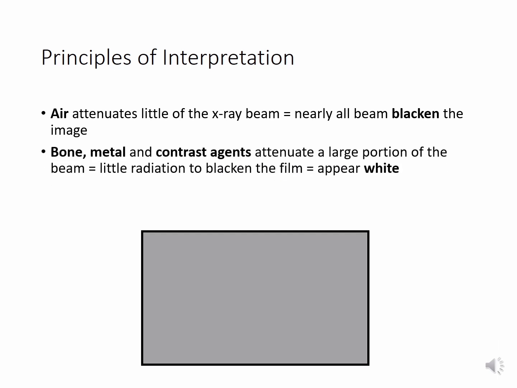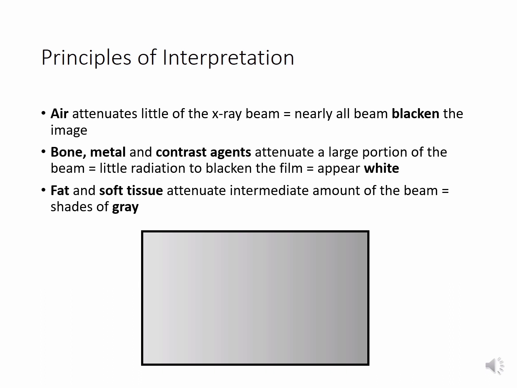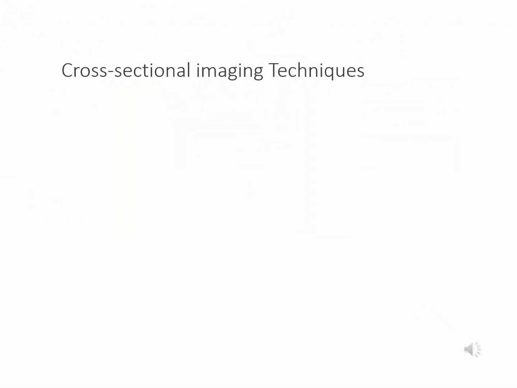Bone, metal, and radiographic contrast agents attenuate a large portion of the X-ray beam, allowing very little radiation to blacken the image. Thus, bone, metallic objects, and structures opacified by X-ray contrast agents appear white on radiographs. Fat and soft tissues attenuate intermediate amounts of the X-ray, resulting in proportional degrees of image blackening or shades of gray.